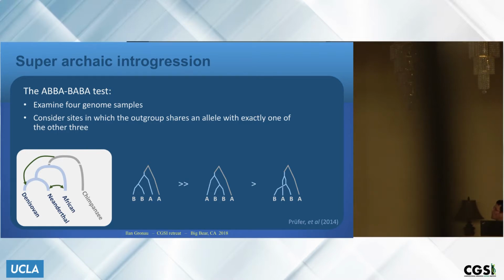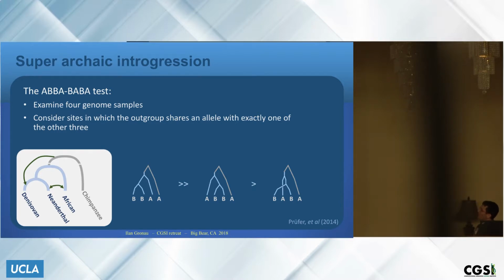You have to have either some connection between Neanderthals and Africans, which seemed unlikely when they saw the signal, or, as they hypothesize, gene flow from an ancestral population that diverged here and then gave some gene flow to Denisovan.